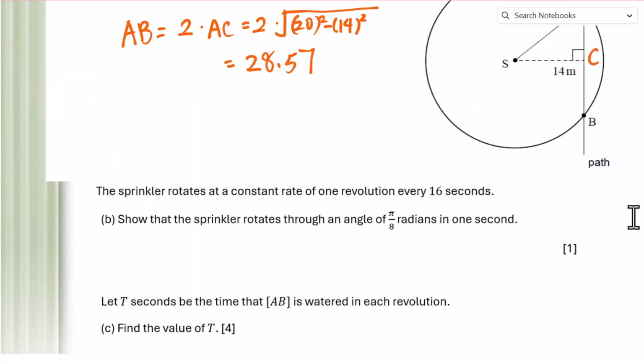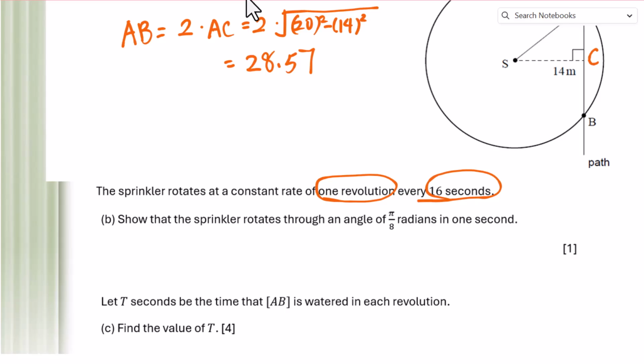The sprinkler rotates at a constant rate of 1 revolution every 16 seconds. Show that the sprinkler rotates through an angle of pi over 8 radians in 1 second.